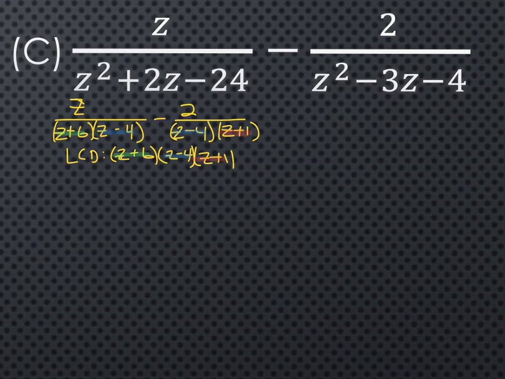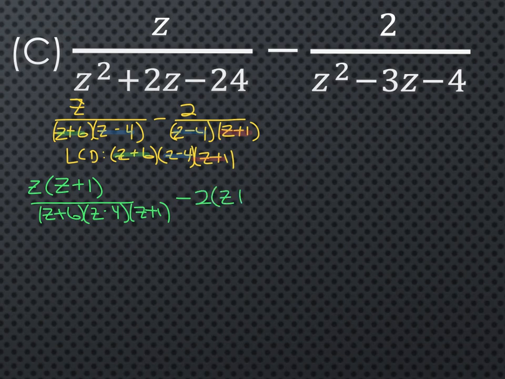To turn our first denominator into the common denominator, we'll multiply numerator and denominator by z plus 1. The second fraction, you'll multiply both numerator and denominator by z plus 6.